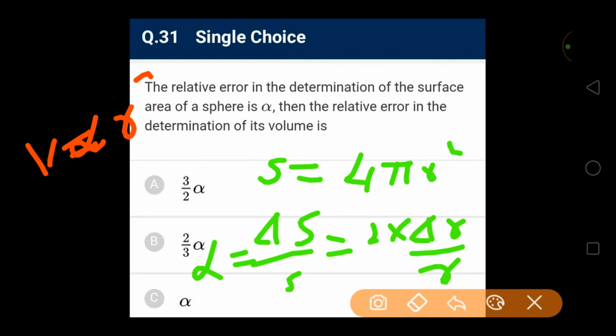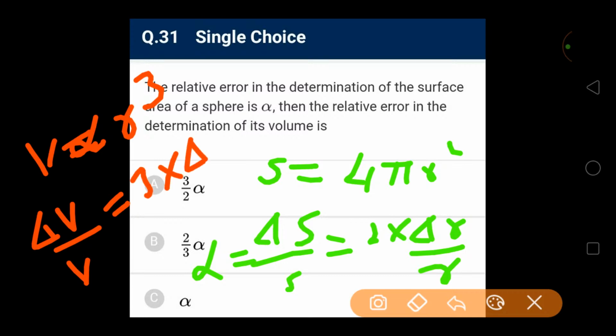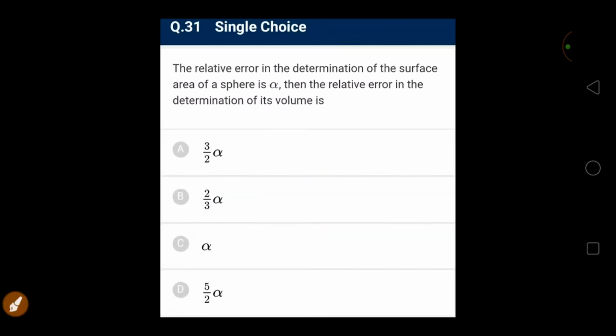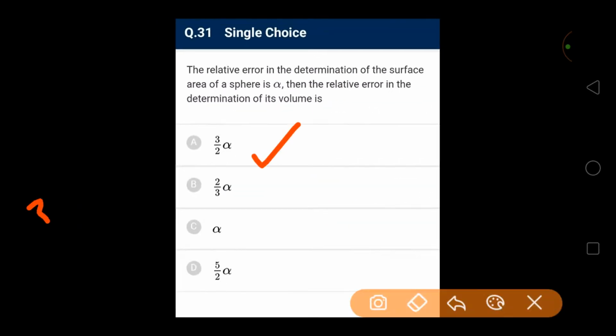So volume is proportional to r cube. So del v by v they're asking is 3 into del r by r. So what is del r by r? Alpha by 2. So 3 alpha by 2. So this is the correct answer. So 31, A.